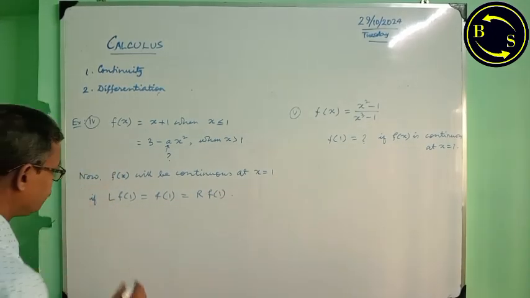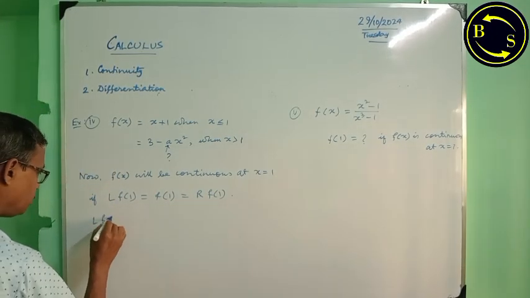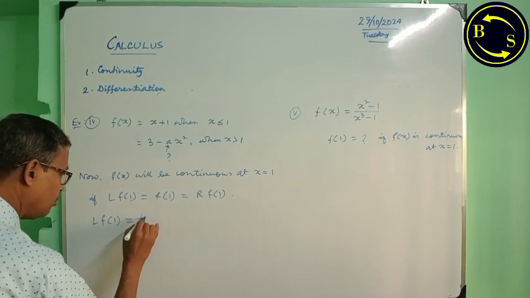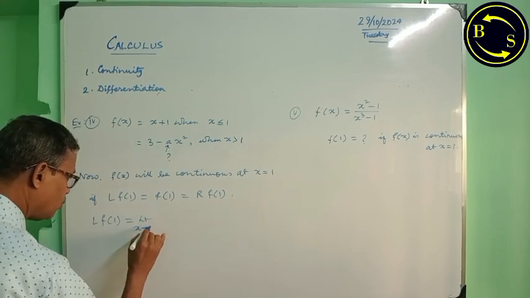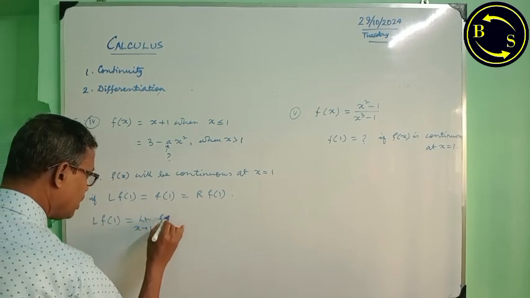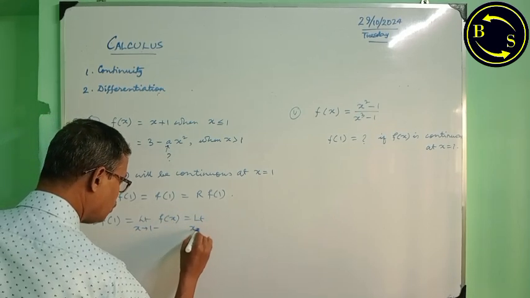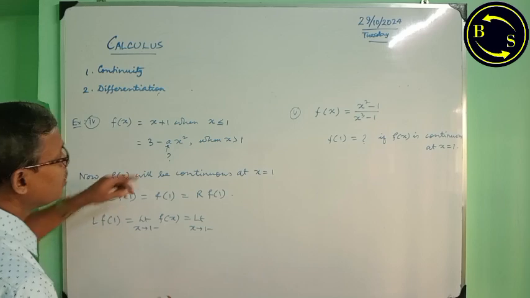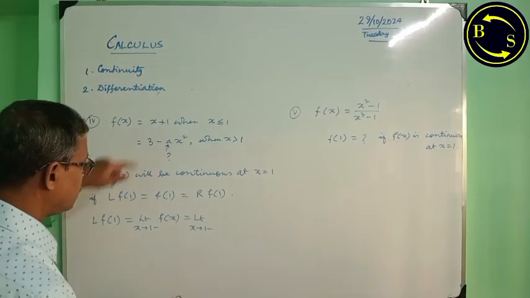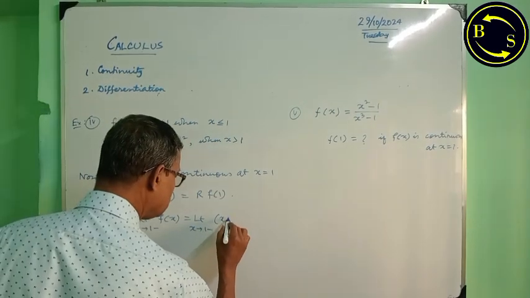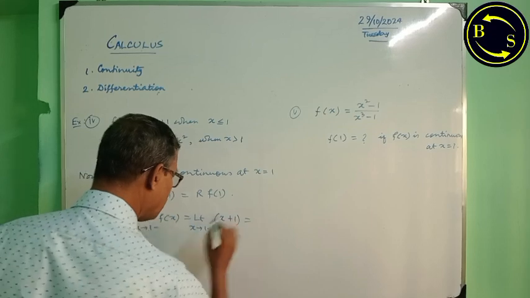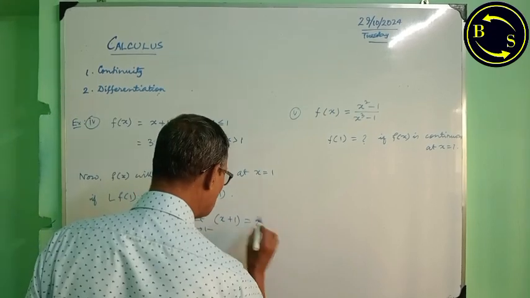We calculate Lf(1), the limit as x tends to 1 minus of f(x). When x is less than 1, the value is x plus 1, so the value will be 2.